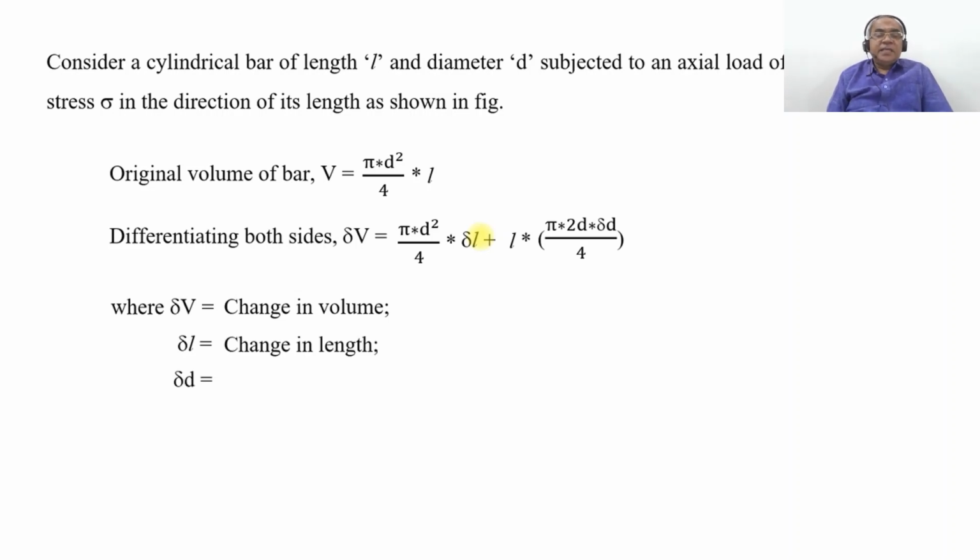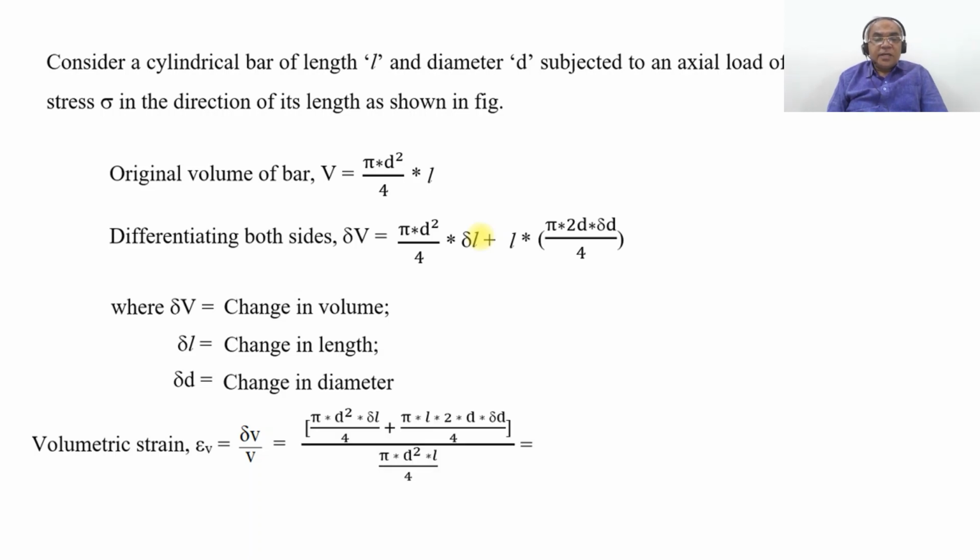So what is delta d? Change in diameter. So what is epsilon v? Epsilon v in this case is delta V by V. So substitute those values here by the ratio. Pi d square by 4 into delta L plus pi into 2d into L into delta d by 4, divided by pi d square by 4 into L. Pi d square by 4 cancels, so you get delta L by L in the first case.